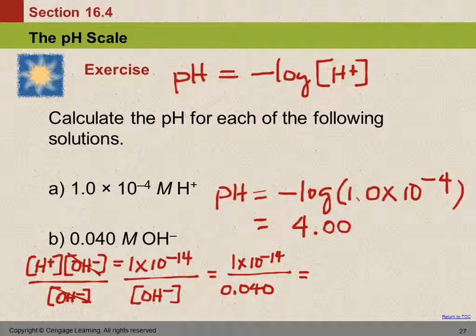So 1 EE negative 14 divided by 0.04 is 2.5 times 10 to the minus 13. And that is the hydrogen ion concentration. That's what we need to find the pH.